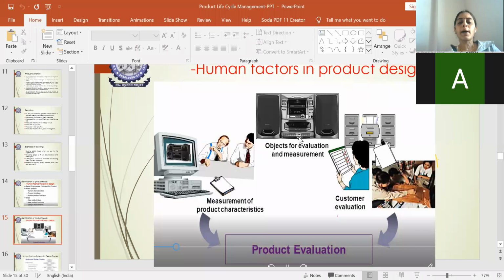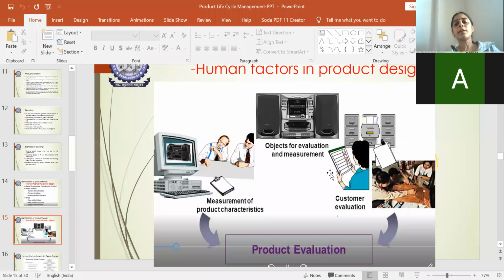So how the part which has been manufactured is able to excel in getting the output as per the requirement of the customer, that also will be evaluated. So in order to evaluate the performance or the output of the part or the product you have manufactured, for that also there is a need for human intervention.